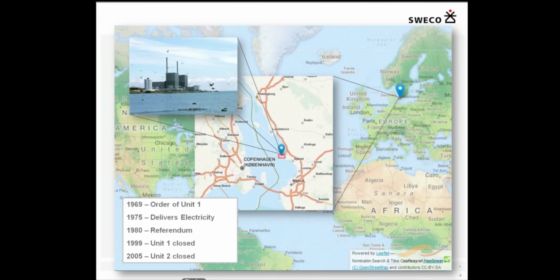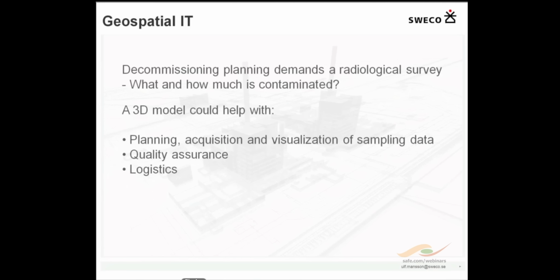There is a project that has gone on for a very long time because it's very complex to figure out how to dismantle it and what the place should be used for after dismantling. In decommissioning, it's very important to have an initial radiological survey of the plant.